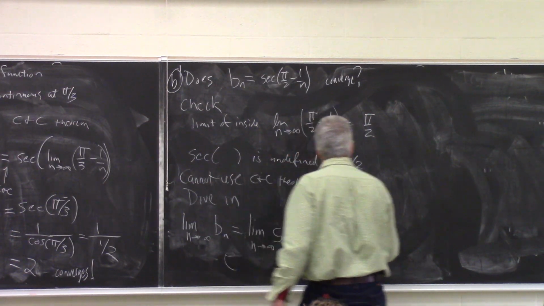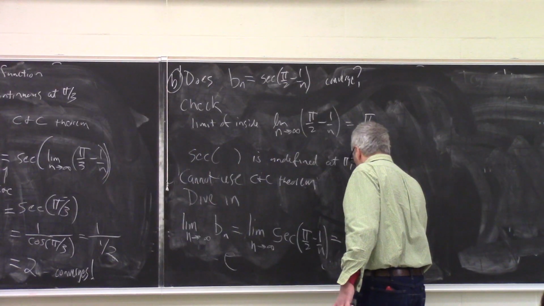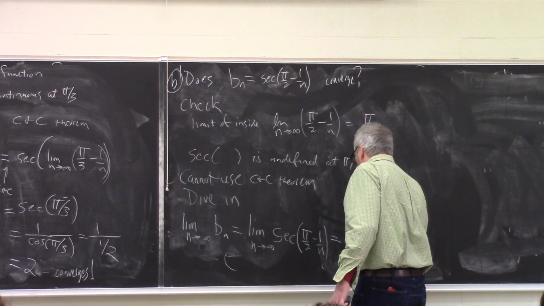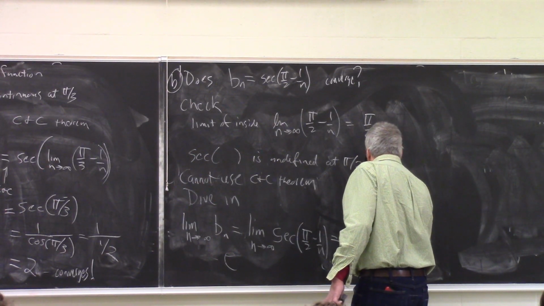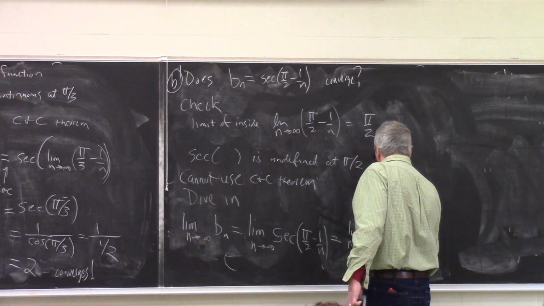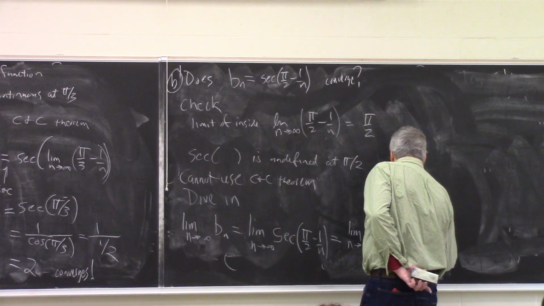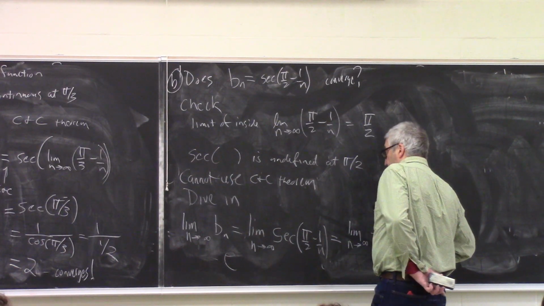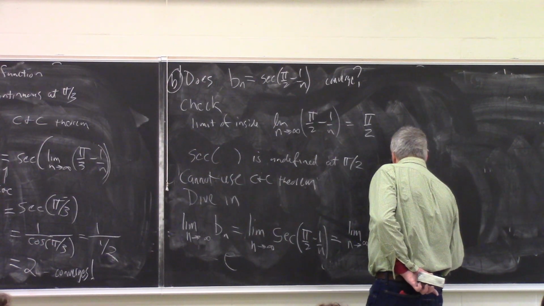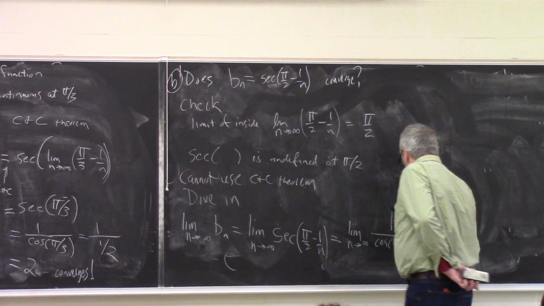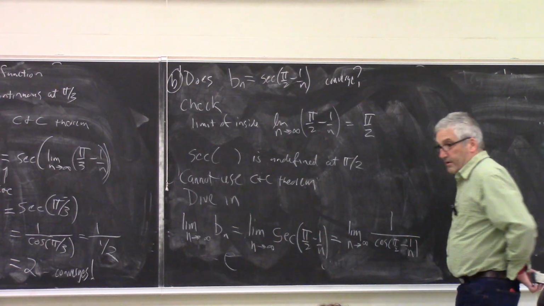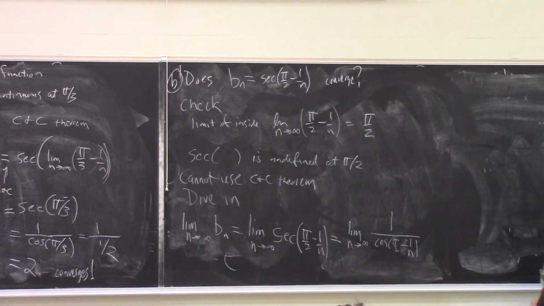And that's the limit as n goes to infinity of 1 over cos of pi over 2 minus 1 over n. All right, so here again, we can't use the CNC theorem.